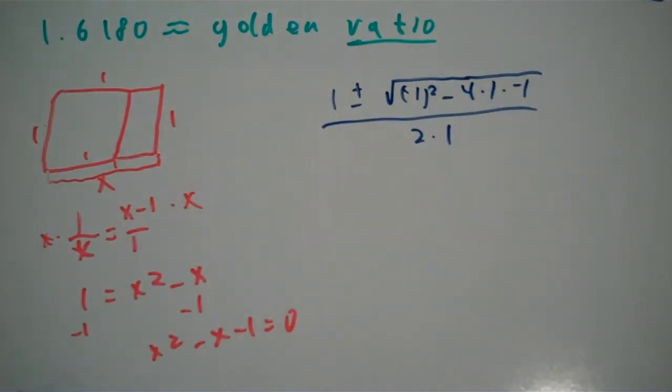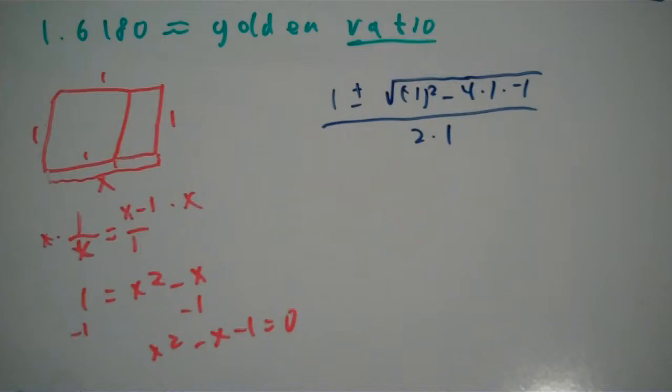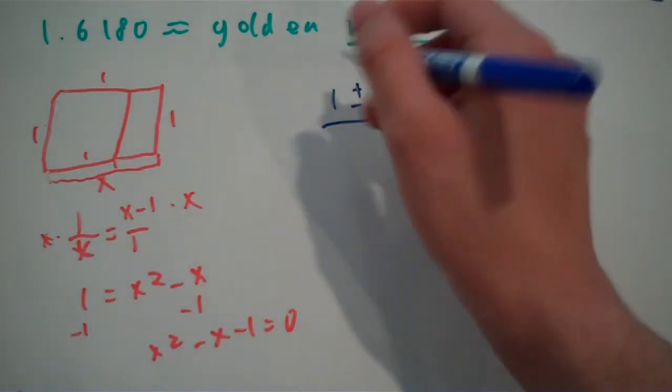Now, I'm not really going to go through and explain the quadratic formula. I made a video about that, conveniently enough, so if you're confused about it, you can just click on this and it'll take you to it. But, nevertheless, we have our equation, so we continue solving this.